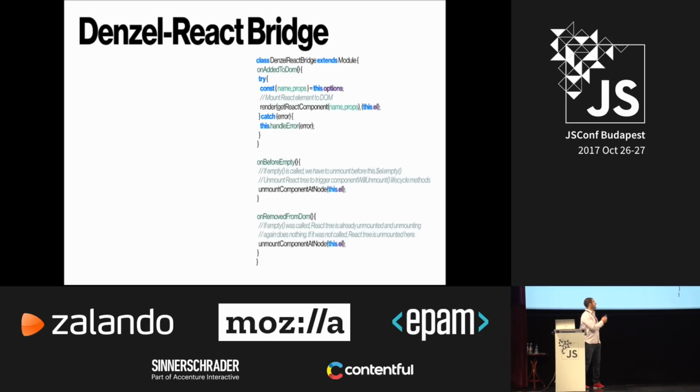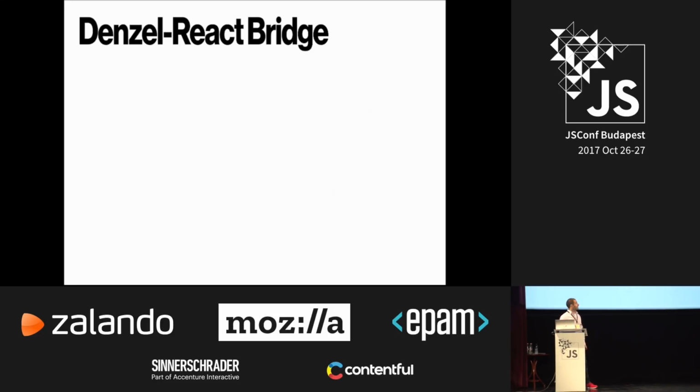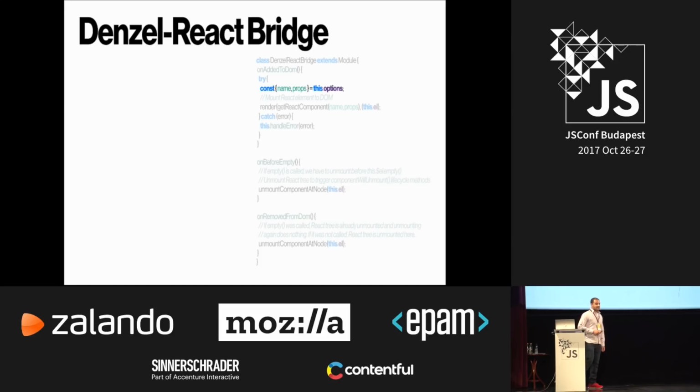And on this slide, you can see a simplified version of Denzel-React Bridge, which is a Denzel module which will render for us React component. Let's take a look how it works. So once the component is added to the DOM, it will read its own options, and it will figure out the name of the React component that we want to render.